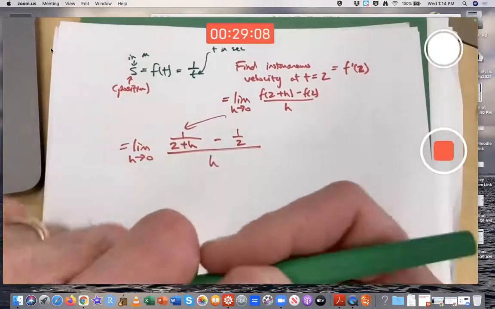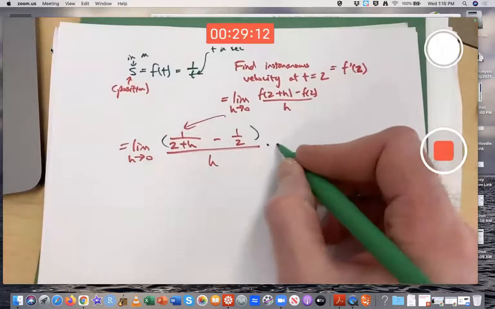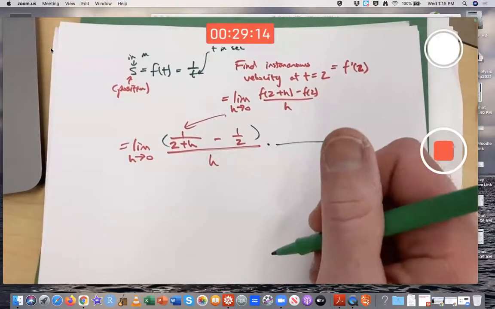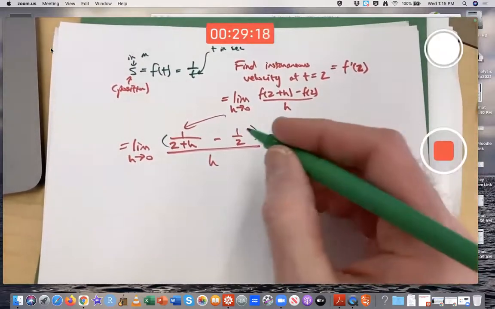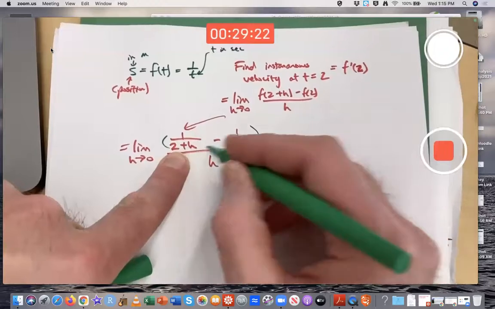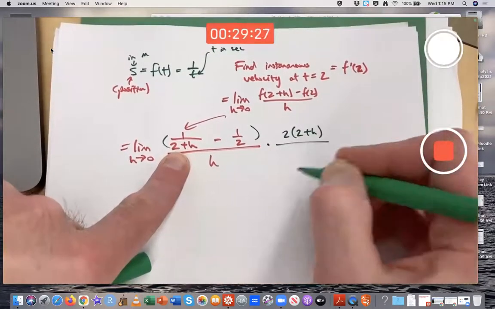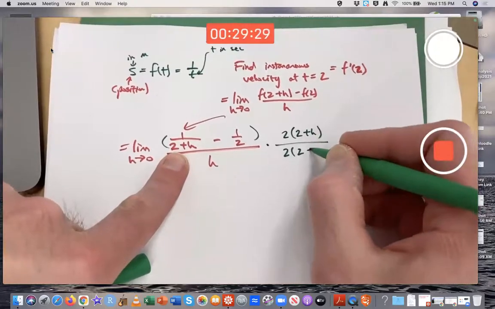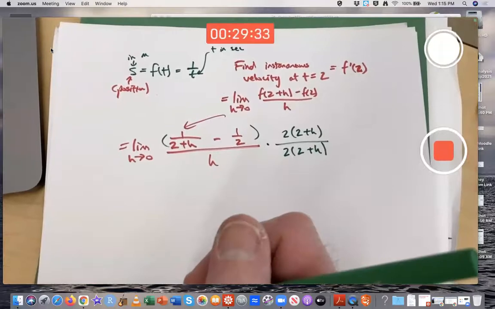You also could, and this is what I usually do, multiply by a disguised form of 1, where the numerator and the denominator consist of the product of these 2 denominators, 2 times 2 plus h, so that you get complete cancellation of those in the top. This is the way that I usually do it, but it's not the only way.